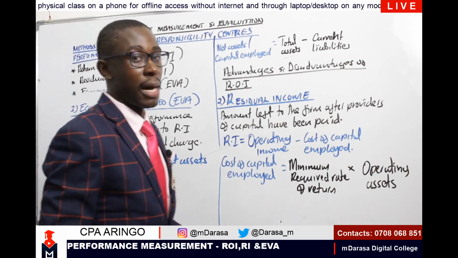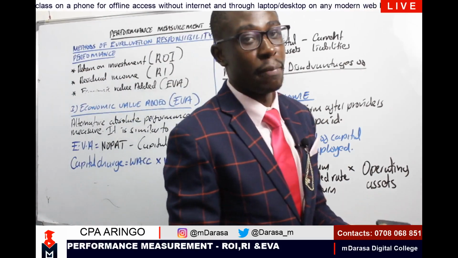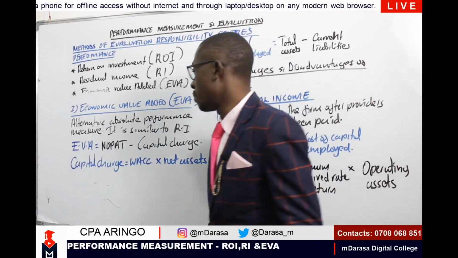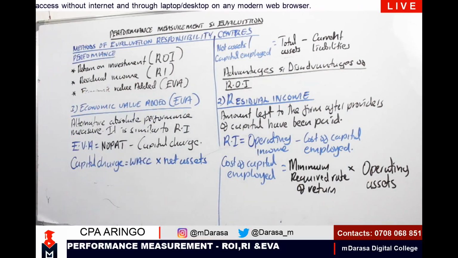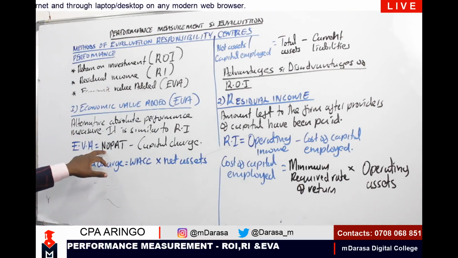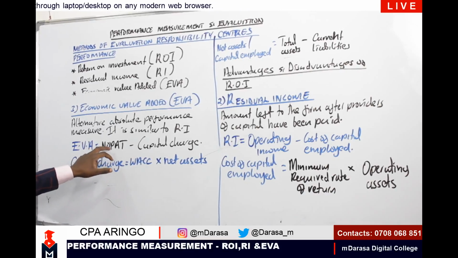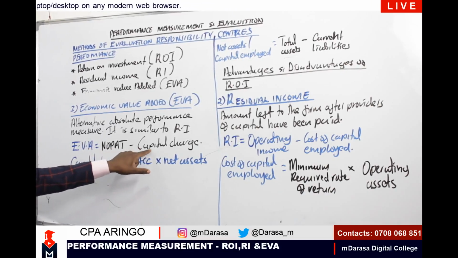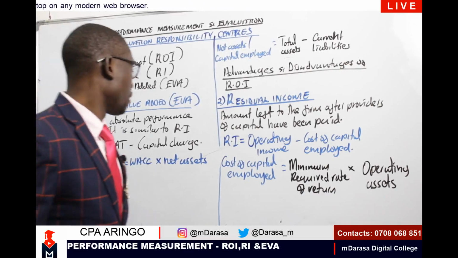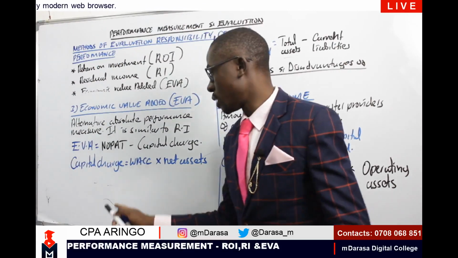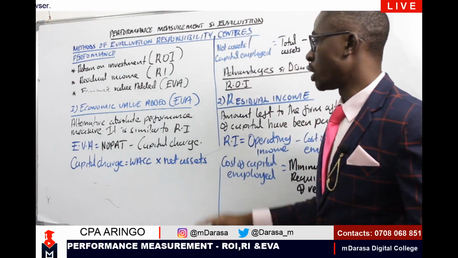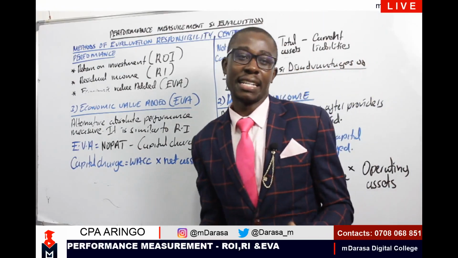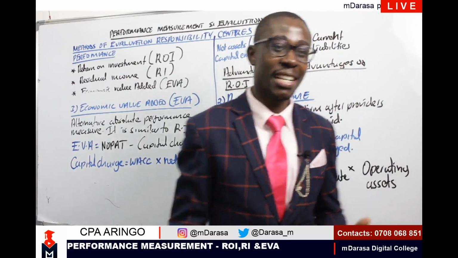As simple as that. So to determine our economic value added, we take NOPAT, net operating profit after tax, less our capital charge, and the capital charge is the weighted average cost of capital multiplied by our net assets.